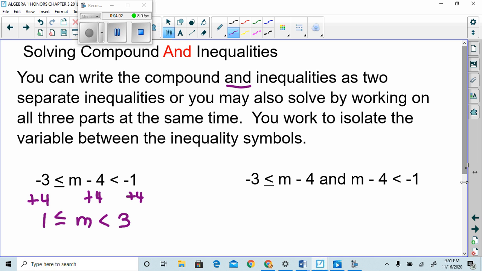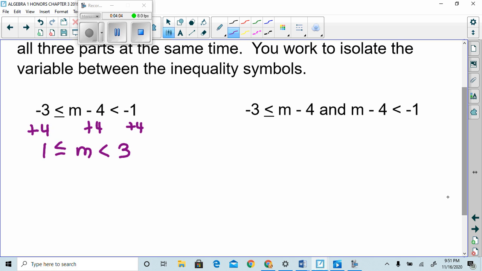And this could be read as m is greater than or equal to 1 and m is less than 3. And if we do a quick number line, we know that there are boundaries at 1 and 3. This first part, if I want to take it apart, says m is greater than or equal to 1 and m is less than 3. Ands get joined in the middle.